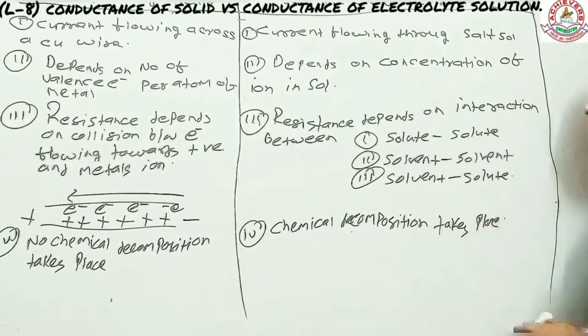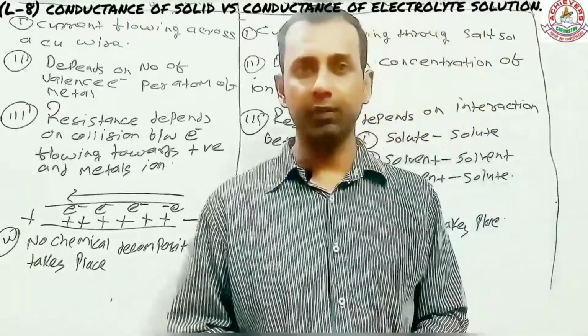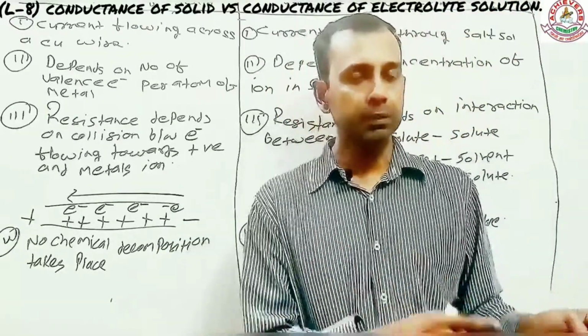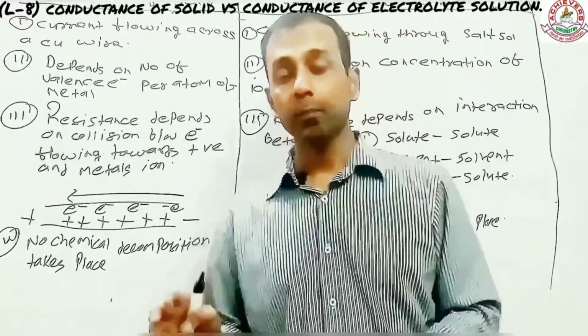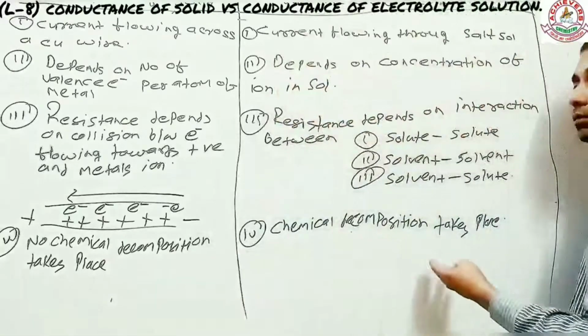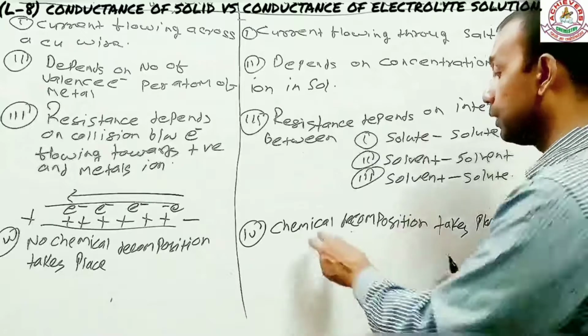What that means? When current passes through the copper wire or any aluminum wire or any metallic wire, nothing is happening before and after the current has passed through that solid conductor. But what happens when you put some salt into a solution? The salt breaks into ions. So this is a kind of chemical decomposition.